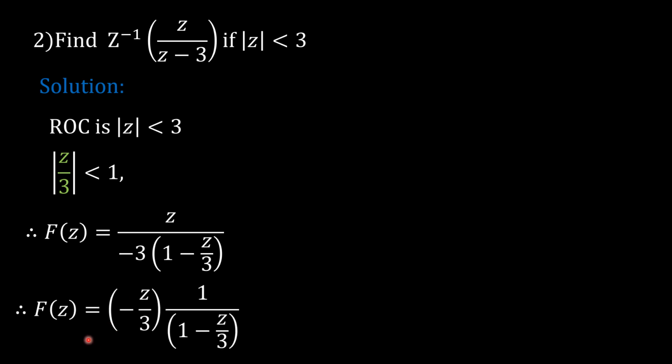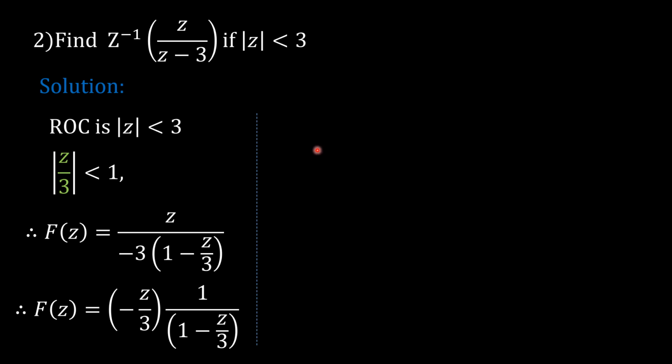Further, this f of z is equal to minus z by 3 into 1 upon 1 minus z upon 3. Now, this term 1 upon 1 minus z upon 3 is of the type 1 upon 1 minus r. So, use the binomial expansion on that term and expand it.